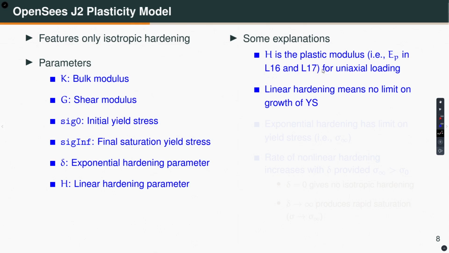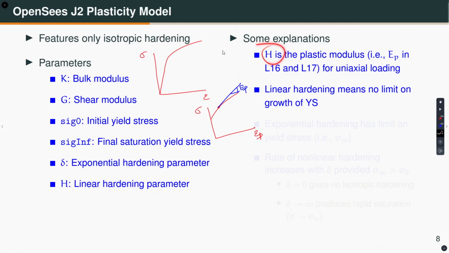If you go back to lecture number 16 and 17, you will see what the plastic modulus is. For uniaxial response, if you have sigma versus epsilon, let us say this is your stress strain response, I can remove the elastic part and draw the stress versus plastic strain, which will be something like that. At any point here, the tangent to this is actually the plastic modulus E sub p. So, this is my H.